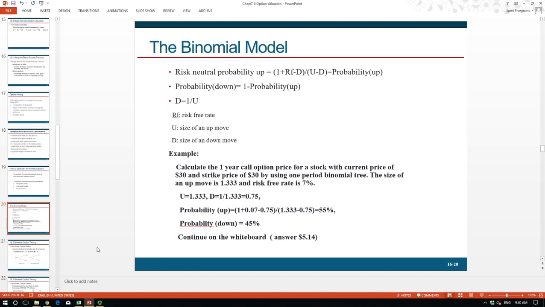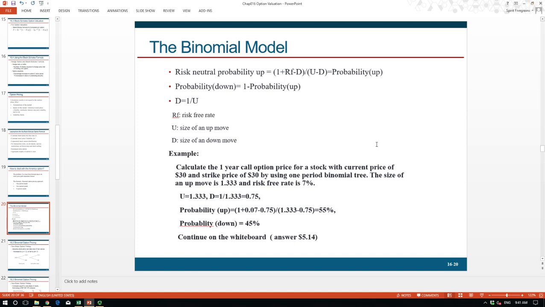But that $5.50 is the intrinsic value you can get in the future, and the option price should equal the present value of that expected payoff. So we discount the $5.50 to get a current option price, which equals $5.14.